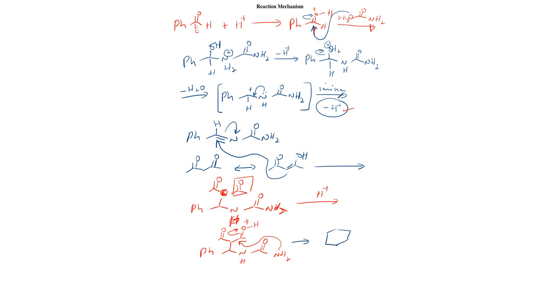Here let's suppose this is nitrogen, and this one is carbon. Here a phenyl group is attached, and here 1, 2, 3.